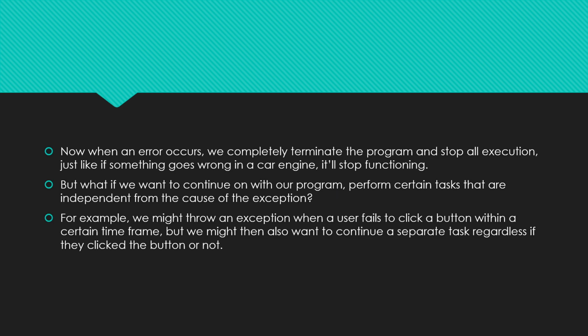Those two things are independent. You can add two numbers regardless of the data being fetched from the server. Unless that data fetched from a server is something we're going to use to add to some other value, then yes, that would be an issue. In this case, what we want to do is handle those exceptions, and this is called exception handling.